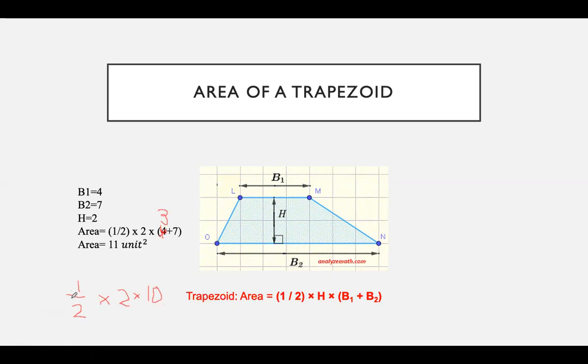What does that equal? 1/2 times 2 is equal to 1, and then times 10 equals 10. So this value should not be 11. It should be 10.